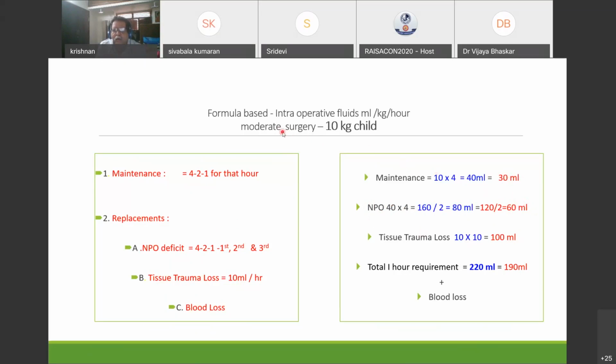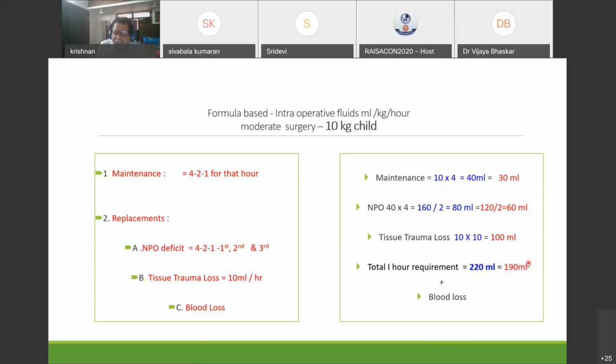And I said it's a moderate surgery. For moderate surgery, I have taken a tissue trauma loss of 10 ml per hour. So for 10 ml per kg per hour, I have taken 10 into 10, it is 100 ml. If I add all those things, my patient requires 190 ml, 220 ml is formula based. I have restricted based on the NICE guidelines.